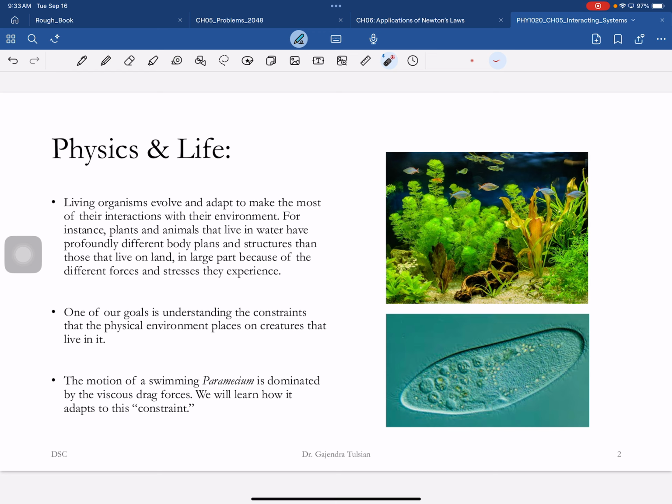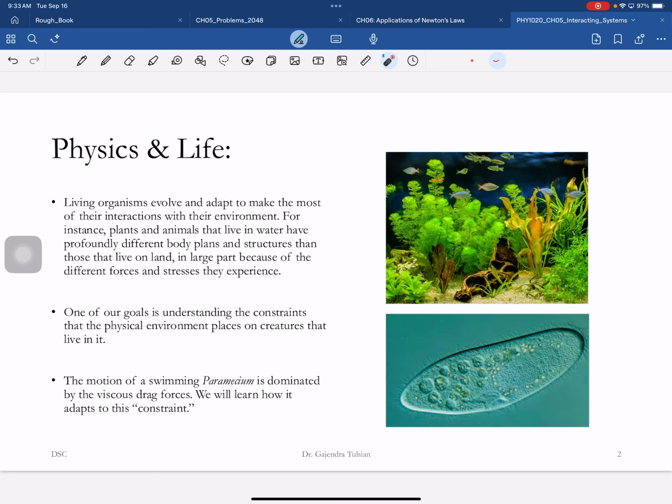Okay. So for instance, here is a paramecium that lives in water. Here in the paramecium, the viscous forces of water, viscous forces essentially being friction exerted by liquids.